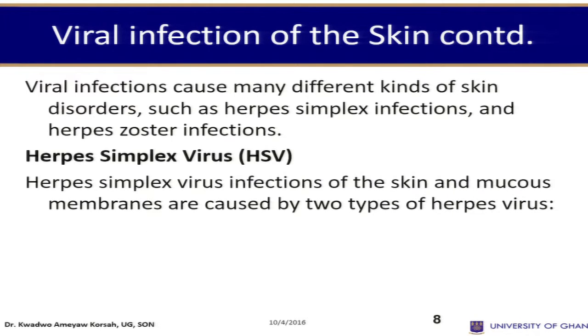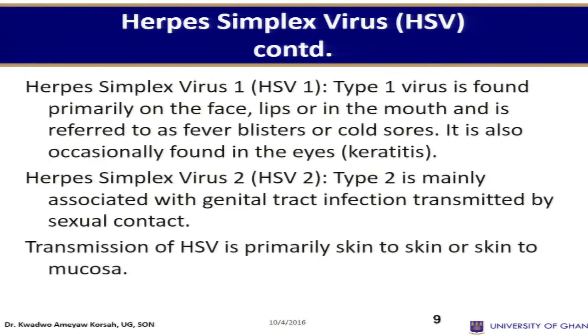So viral infections cause many different kinds of skin disorders. We have the simplex, we have the zoster. Let's look at herpes simplex virus, which is the HSV. Herpes simplex virus infection of the skin and the mucous membranes is caused by two types of viruses. Here we have HSV1, which is herpes simplex virus 1.